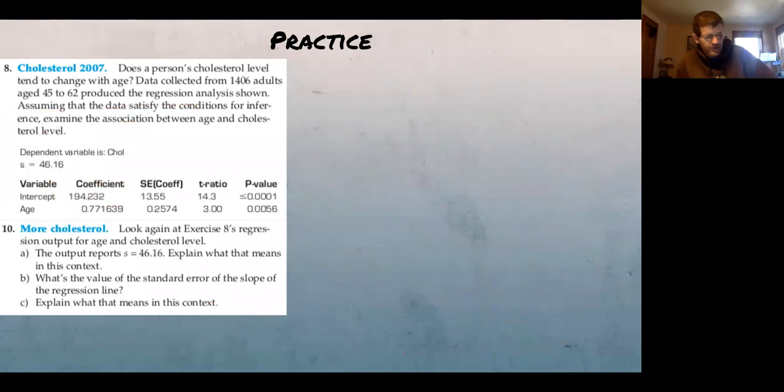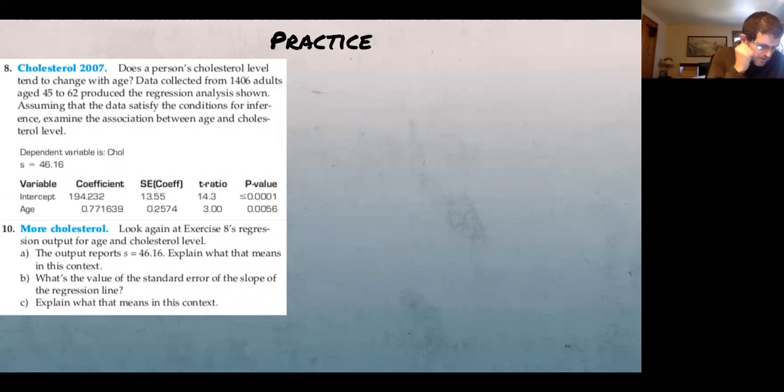This we don't need to do another calculation for, so it's really just a conceptual one. I don't even think I'll write anything down. But the output reports S as 46.16. And I guess we need to know the context. This is, does a person's cholesterol level change with age? So we've got this regression analysis that was run. The explanatory variable is your age.